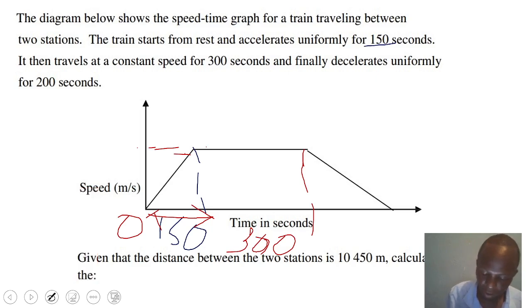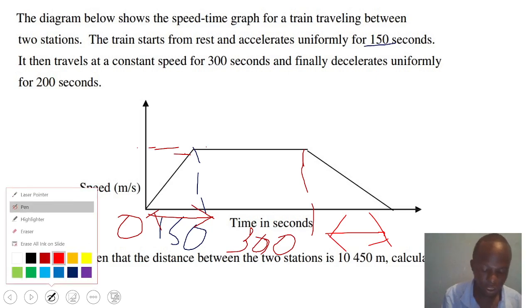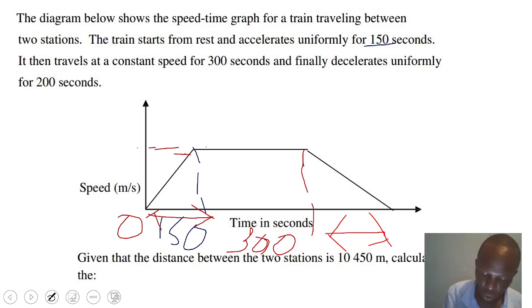In other words, deceleration means negative acceleration, whereby the speed is decreasing with time. The rate of increase in speed is negative. So that is the last 200 seconds.